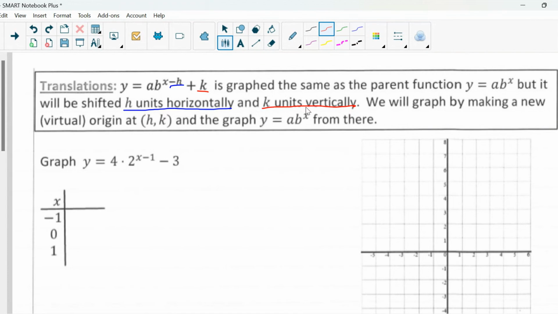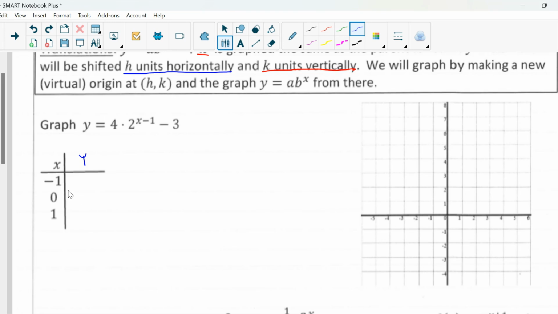But one thing that's a little bit different is this time, it's important to realize that they give us a table, and that's going to get us through 90% of our graphing. So really, the translations aren't nearly as important as maybe some other functions.